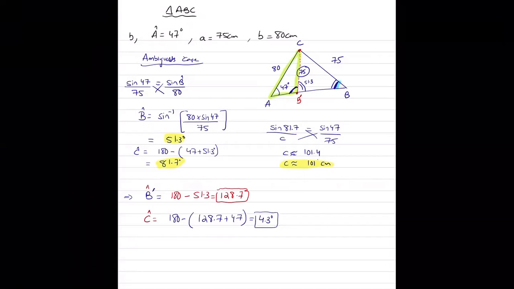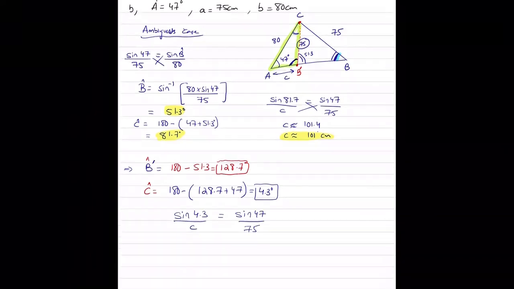Now once I have the new angle C, I can have the new length c as well using the sine rule. Sine of 4.3 upon the new length c is going to be equal to sine of 47 upon 75. You can just cross multiply and find the length of small c.